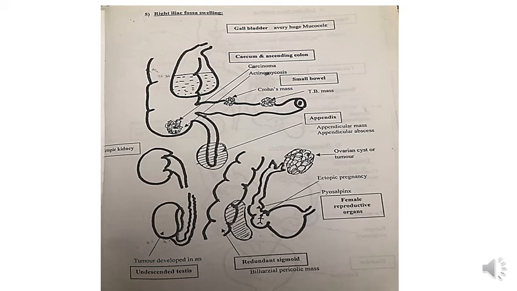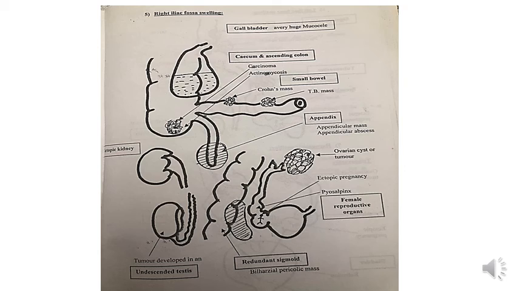On the other side, the testis develops up in the second lumbar region, opposite the second lumbar spine. If there is an arrest of descent at the level of the right iliac fossa, it leads to the development of a tumor in an undescended testis.